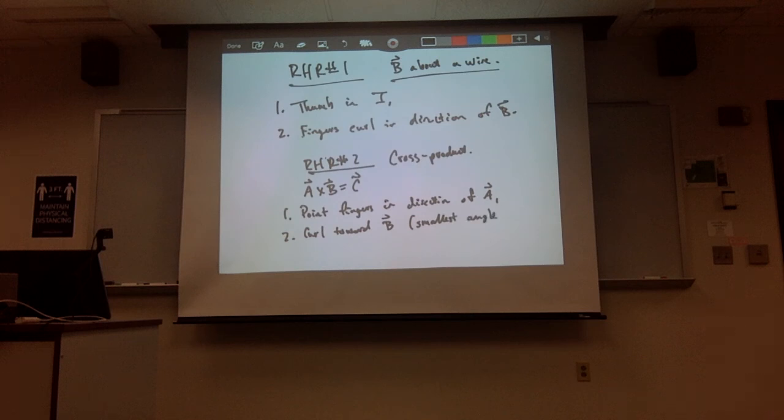Best way to think about that is your palm has to be pointing in the direction of B. So always have your palm point towards B. And then number 3, thumb, which is always perpendicular to the hand, points in direction of C. So this is right-hand rule number 2.